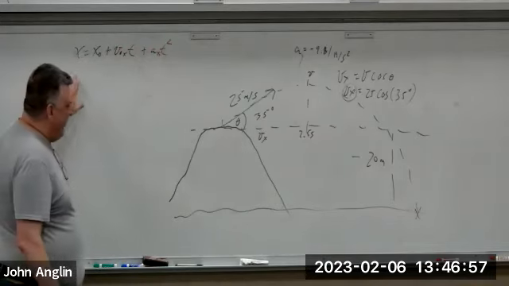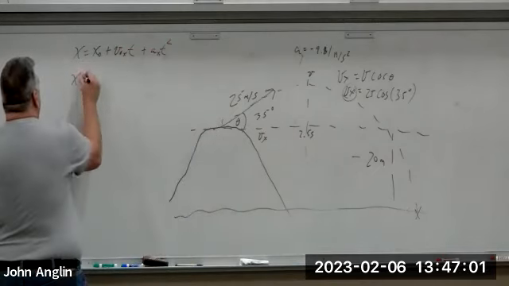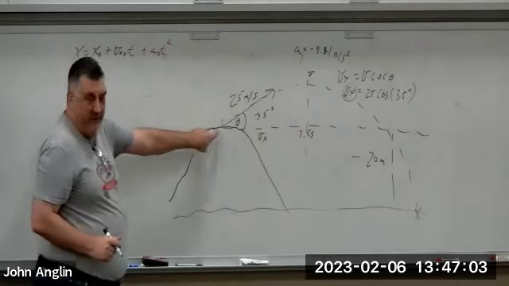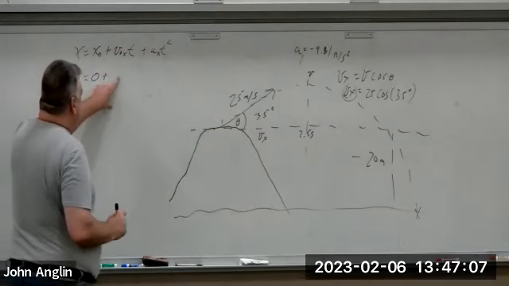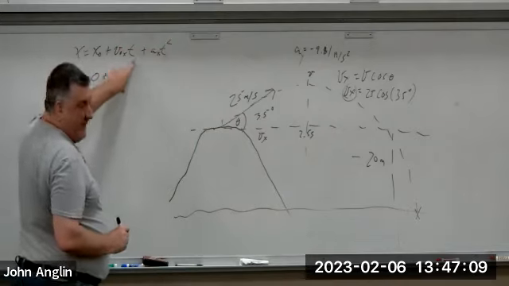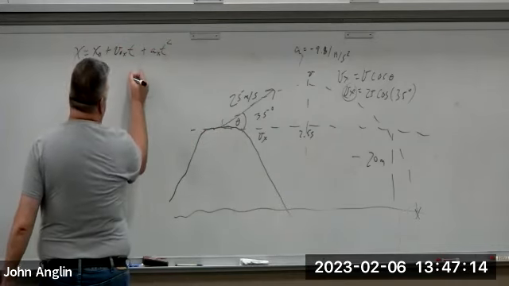We can do a couple of things here. I'm trying to find this x. My x naught is going to be 0. My v naught in the x direction I'm going to have to find, but I know t. And my t, what did I say? It was 2.5 seconds.